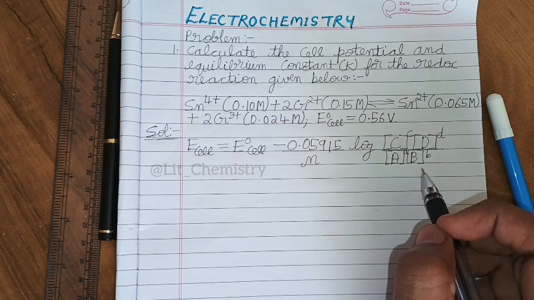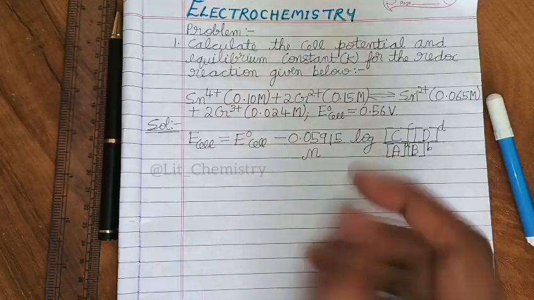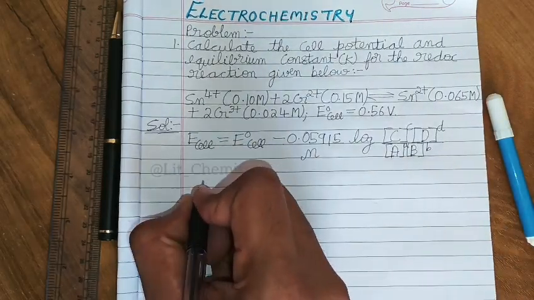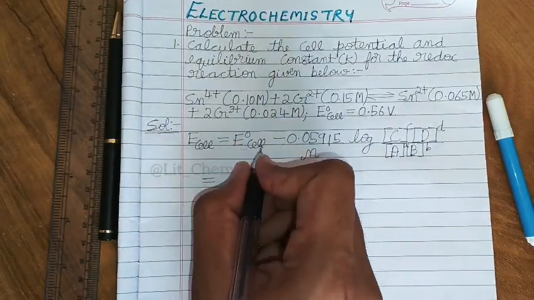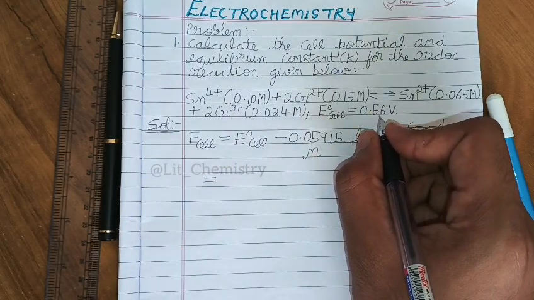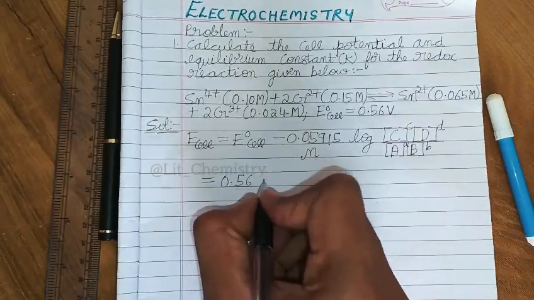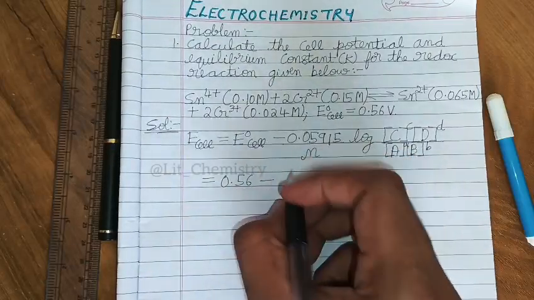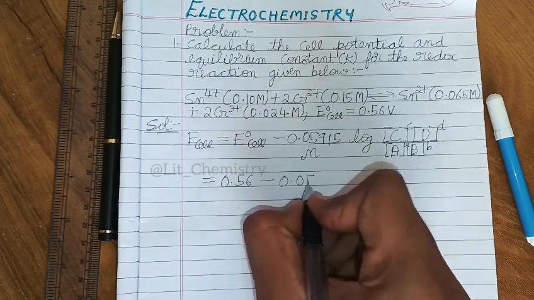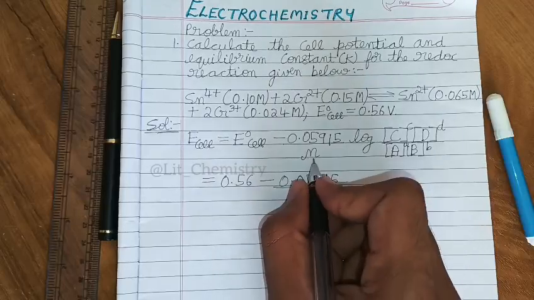So let's start solving this sum. Let's write E cell is equal to E naught cell. E naught cell is given to us, 0.56 volt. So I write 0.56 minus this, we write as it is, 0.05915 divided by n.